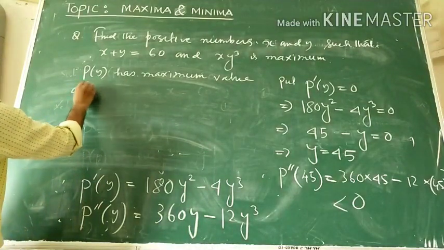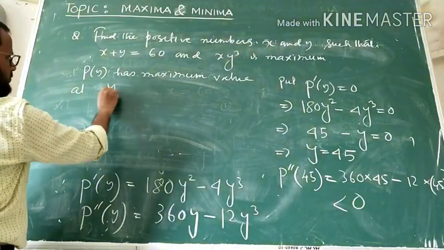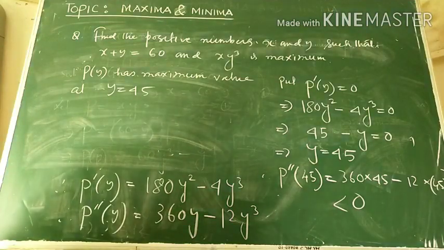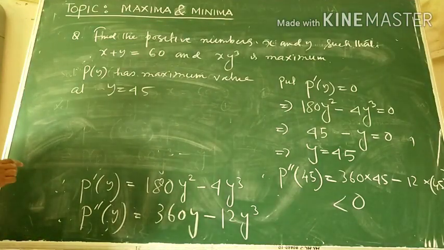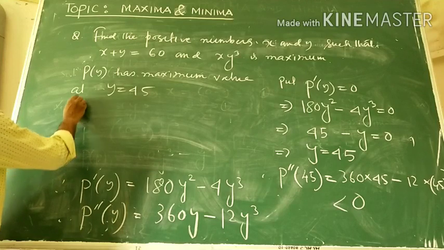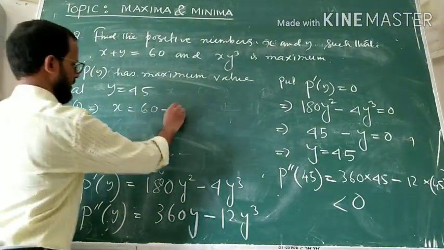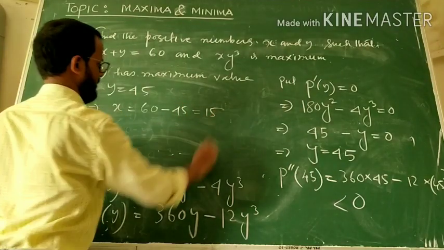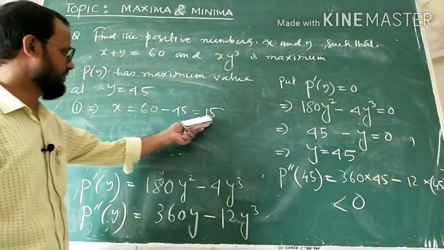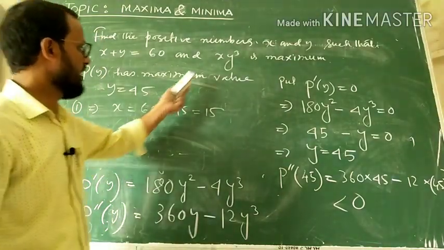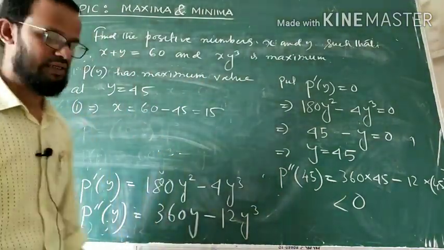at y equal to 45. Now your target is to find the numbers. Therefore, x equal to 60 minus 45 equal to 15. So these are the two numbers, one is 15, another is 45, such that their sum is 60 and x into y cube is maxima.